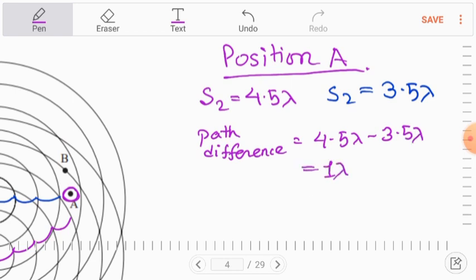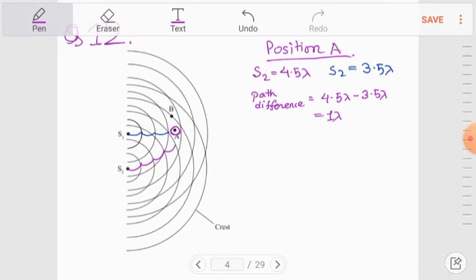And as the coefficient for lambda is a whole integer number, it means that the two waves superpose constructively at position A. So let me write the explanation in words.